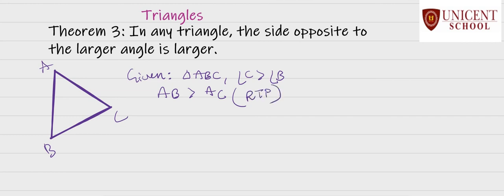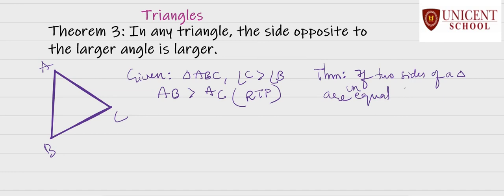For proceeding with the proof, we need to recall one theorem. The statement says that if two sides of a triangle are unequal, the angle opposite to the larger side is larger.